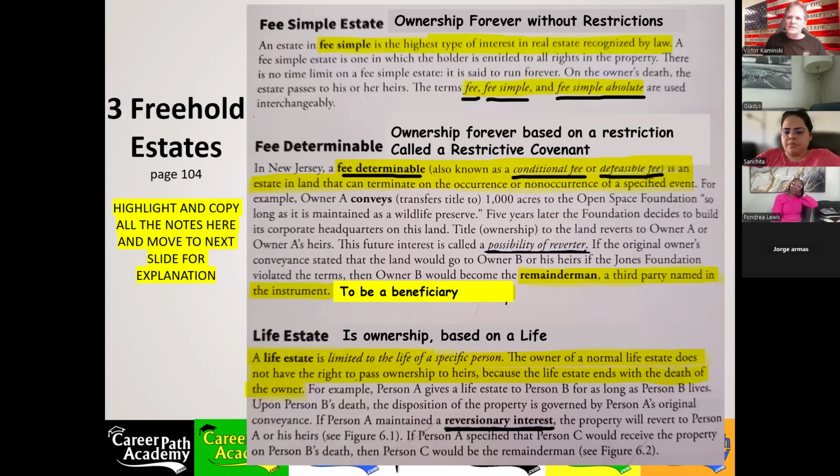Pur autre vie means for the life of another. So a life estate pur autre vie means I'm giving you a life estate not based on your life, but based on someone else's. Okay? I guess you could think up scenarios where that would make sense for people to do that.